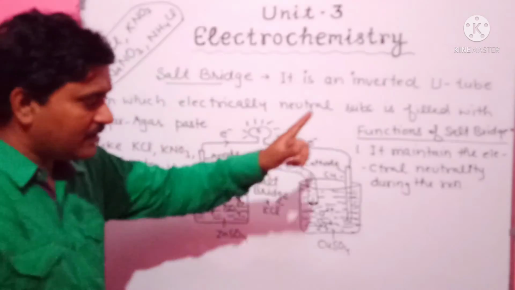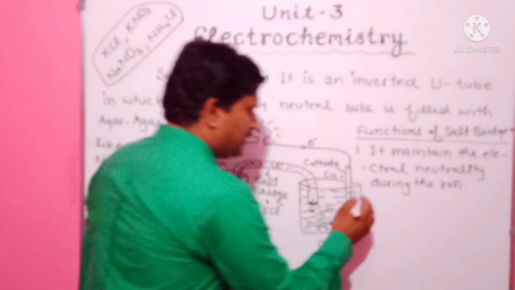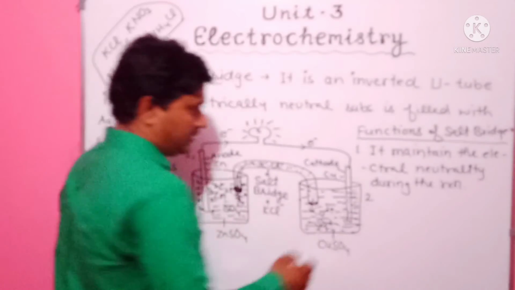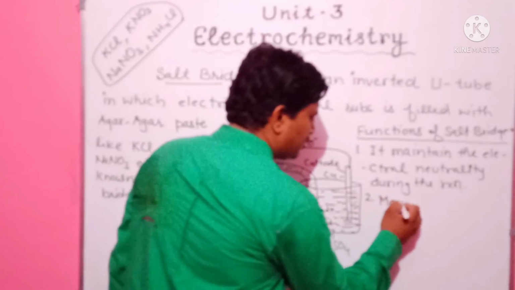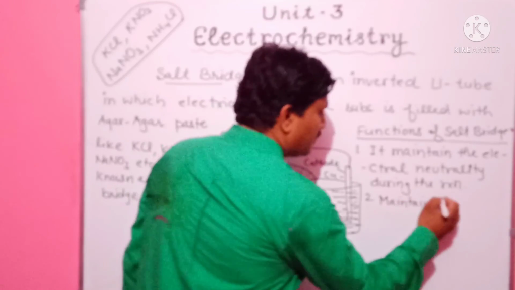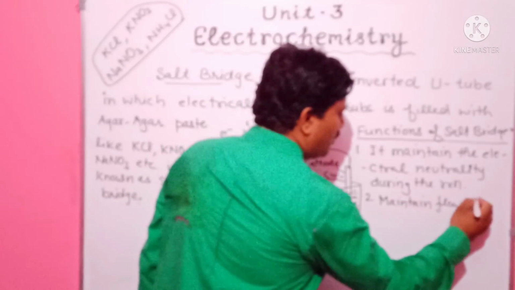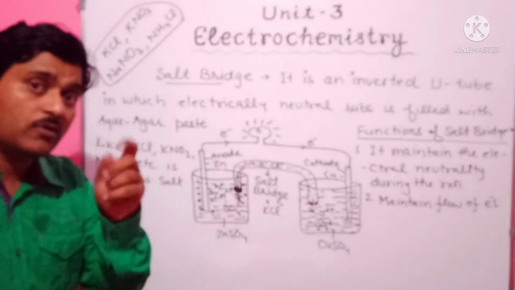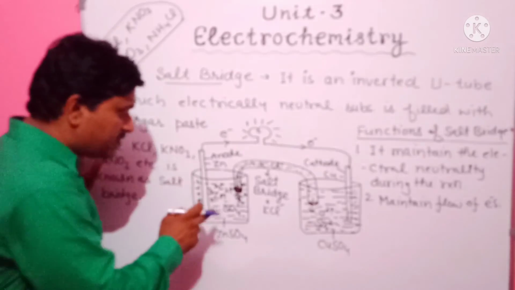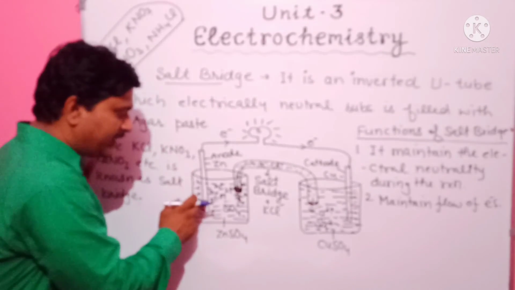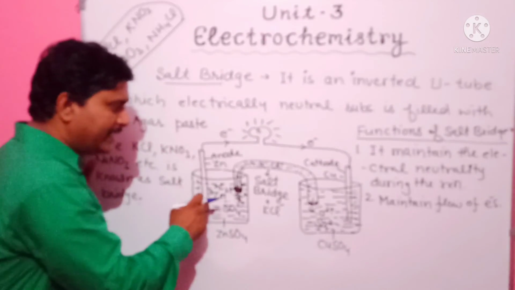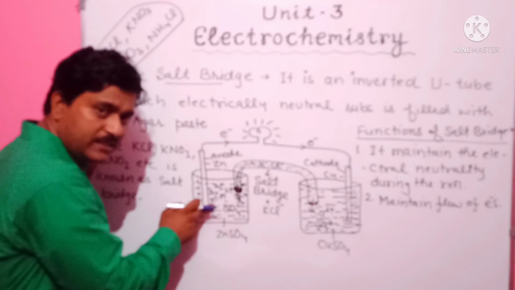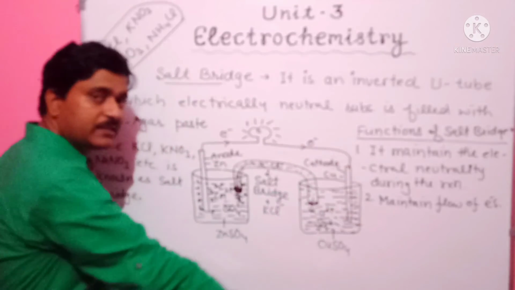Next point. The function of the salt bridge is to maintain the flow of electrons. If positive charged zinc ions here get neutralized by the negative charge of the salt bridge, then electrons are not attracted by the zinc ions, so they are free to move towards the cathode.